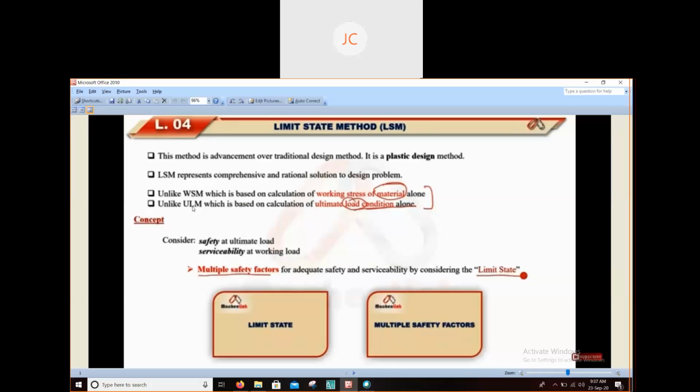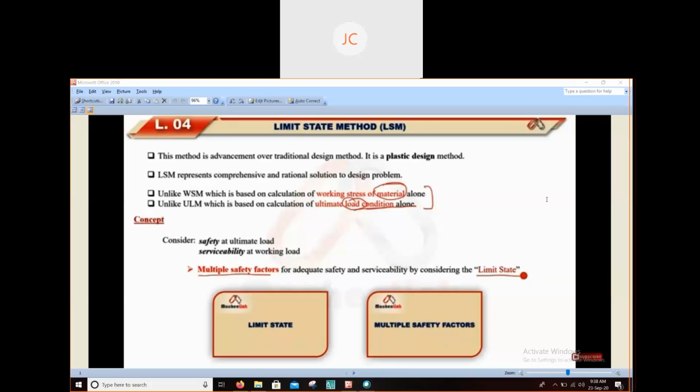So the aim of this method is that the structure should be able to carry all the load safely, and it must perform safely during its lifetime. So in limit state method, whatever structure we will design, the structure must carry the load safely, meaning whatever loads will be coming to the structure must be carried safely.